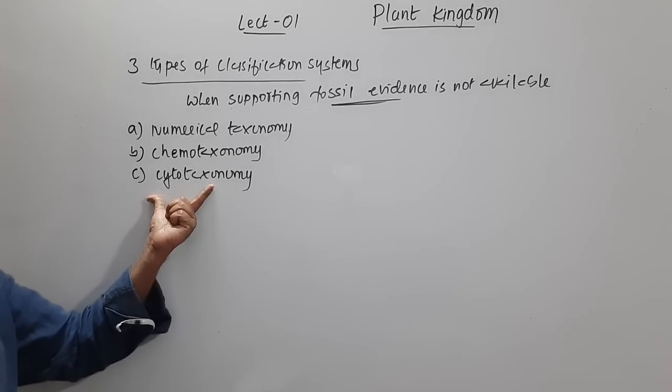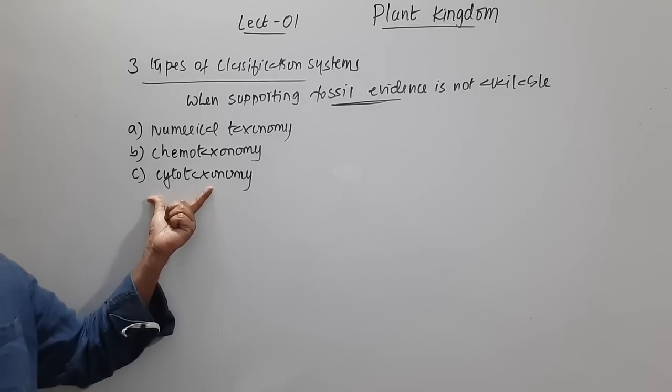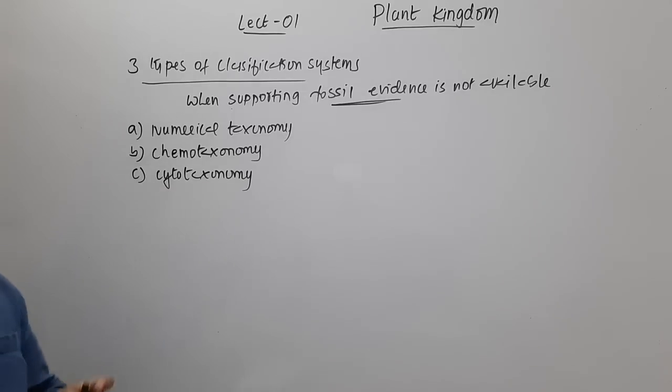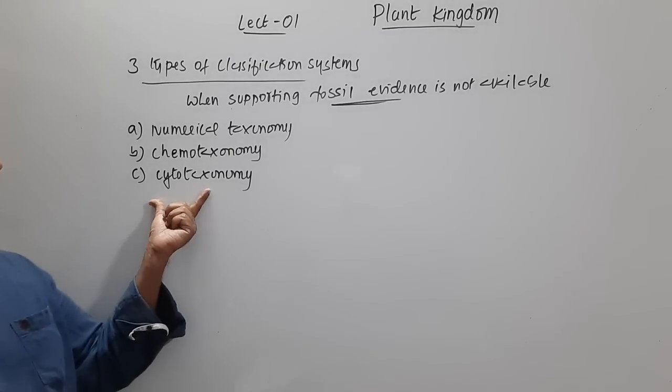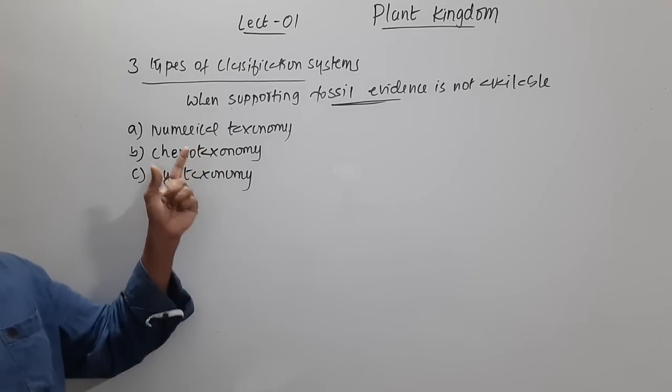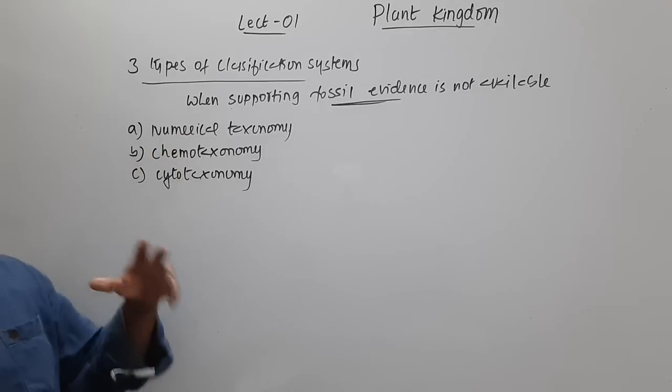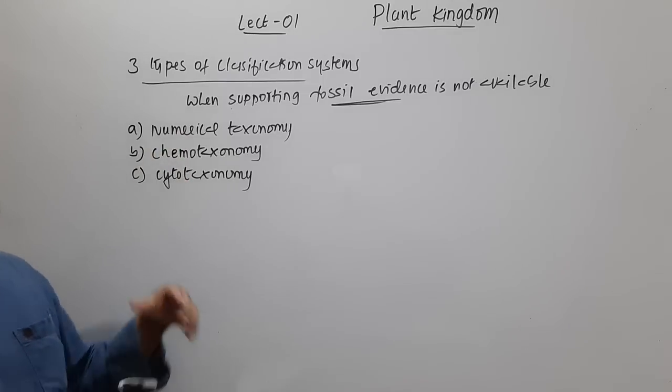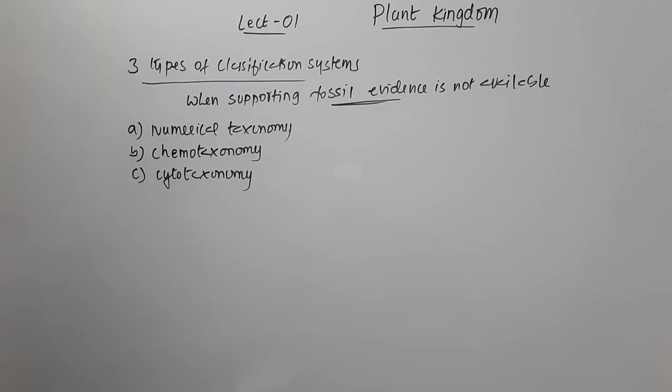In cytotaxonomy, we compare whatever plant we think might have given rise to the different plants, that is the ancestor, with the present plants, along with chemotaxonomy and numerical taxonomy. By considering all these, we will be able to classify the organisms, especially the plants I'm talking about here. So now coming to numerical taxonomy.